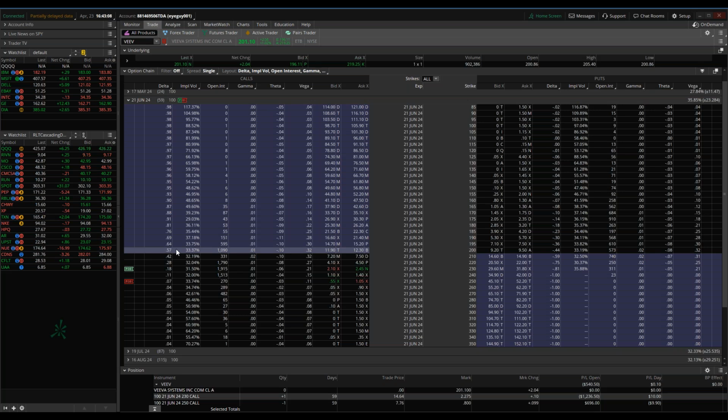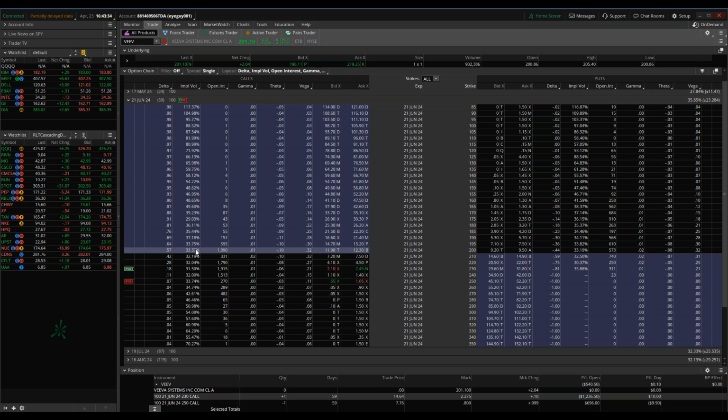So we can either trade a 42 delta, which is slightly out of the money. That is going to be a 210, and it's actually trading at 201 right now. So these numbers are really quite a bit apart. We're going to look at the 57 delta because that really is the at the money.